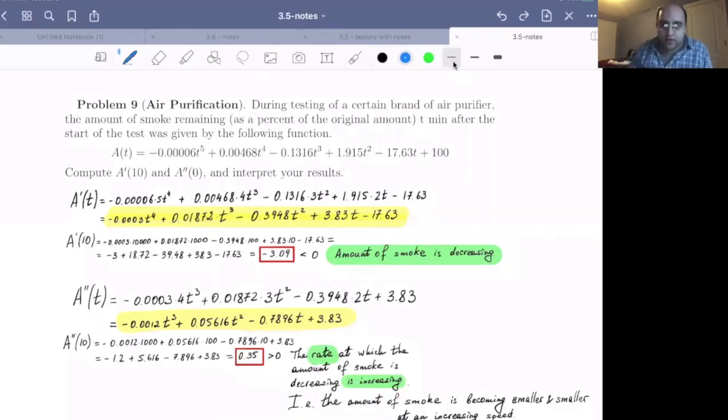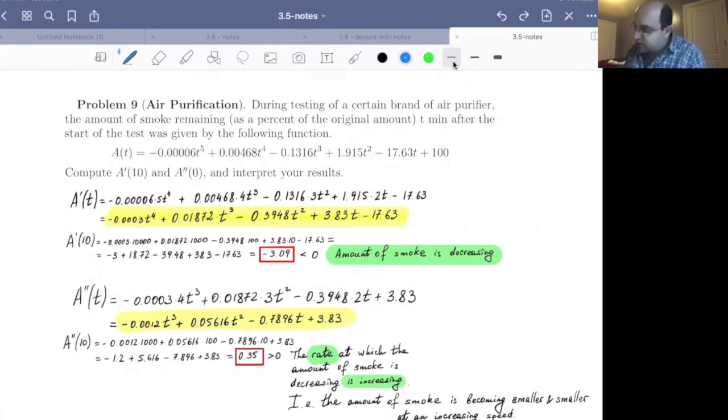Next, we're going to do problem number 9. This is a word problem, so I'm going to read it first. During testing of a certain brand of air purifier, the amount of smoke remaining as a percent of the original amount, t minutes after the start of the test, was given by the following function.